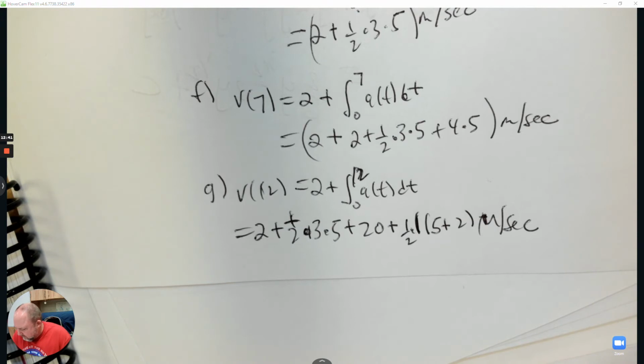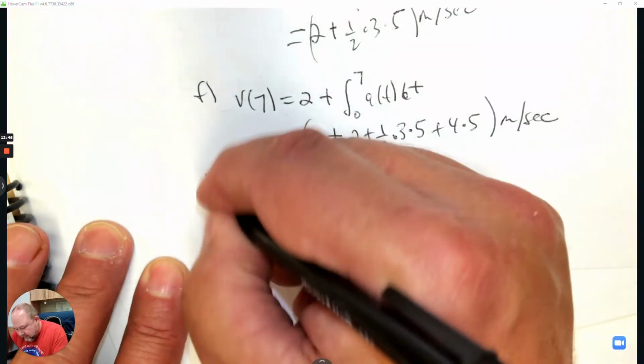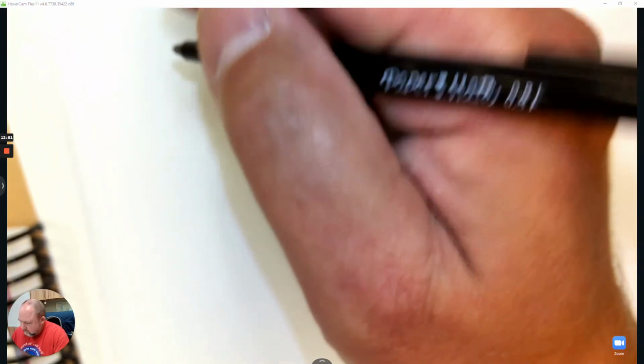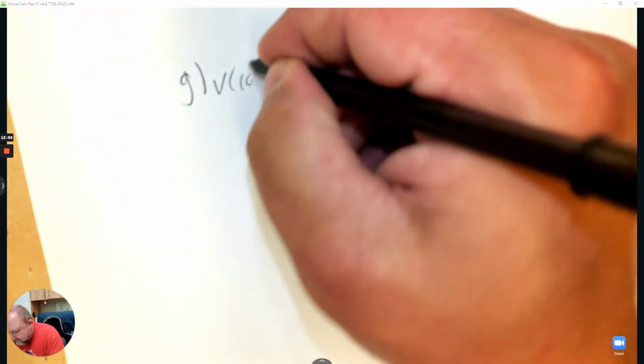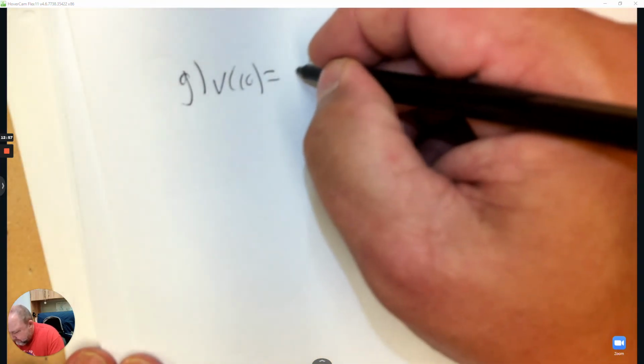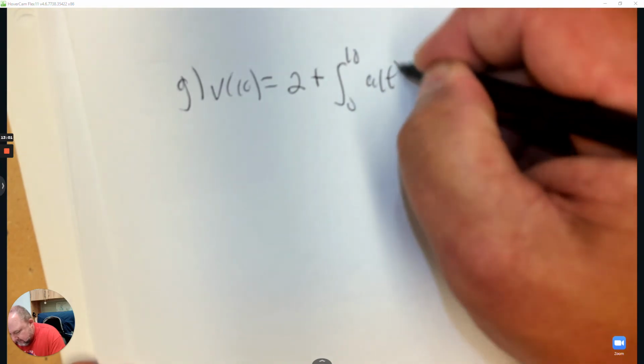H, that was H. Oh, did I skip one? I skipped 10. So sorry, this was H, and then I skipped G, which is what's the velocity at 10? So we start with our initial velocity and then we're integrating the acceleration from 0 to 10.